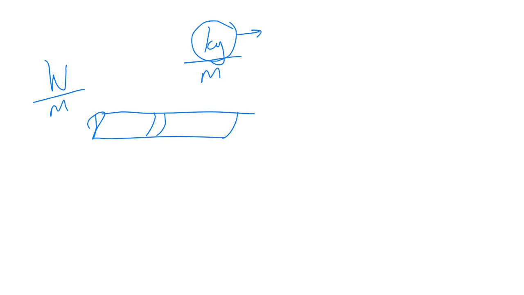I want to know how much catalyst is in that little slice. Of course, I'm going to use the bed density and the cross-sectional area. Density times volume will give me the mass.